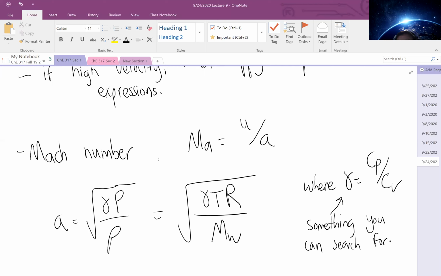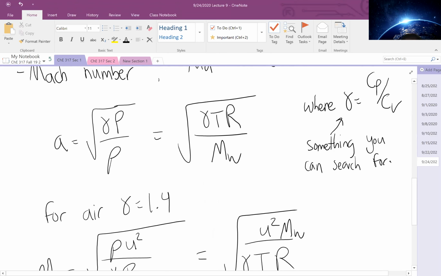You could start at 0.01 at the entrance to your pipe, but at the end of the pipe, if you're at 0.7, then you really can't assume it would behave as an incompressible fluid throughout the flow system.